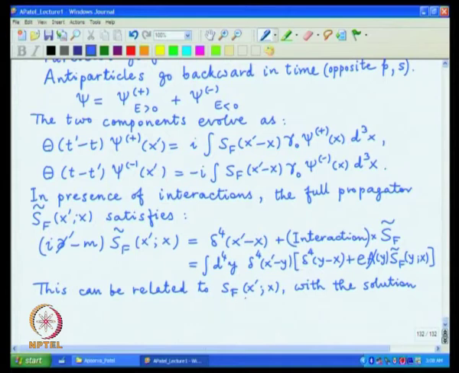S f is the solution that has only delta 4 of x prime minus x on the right hand side without any interaction. So, this S f tilde has an extra term which can be easily verified. It is a solution corresponding to the first term, which is S f.